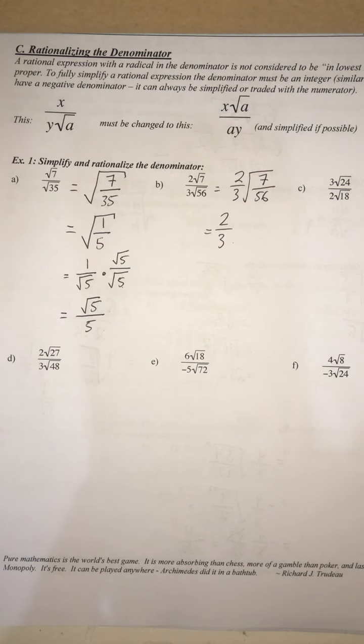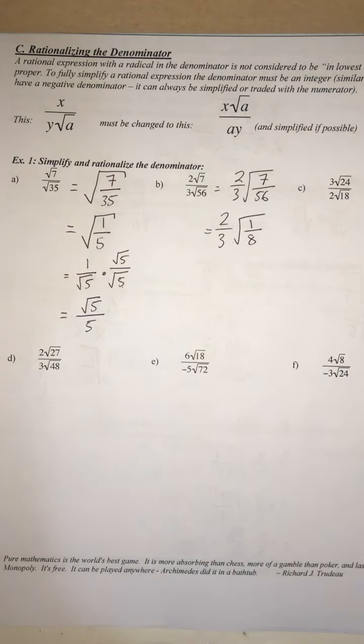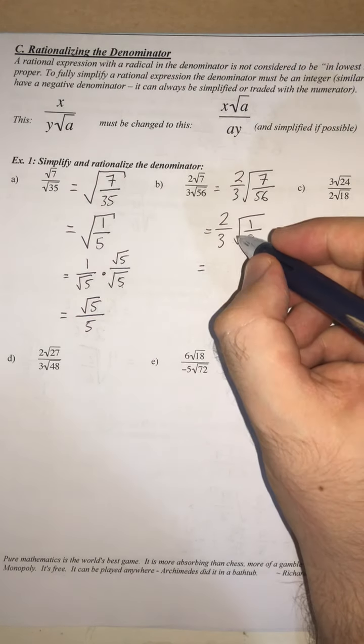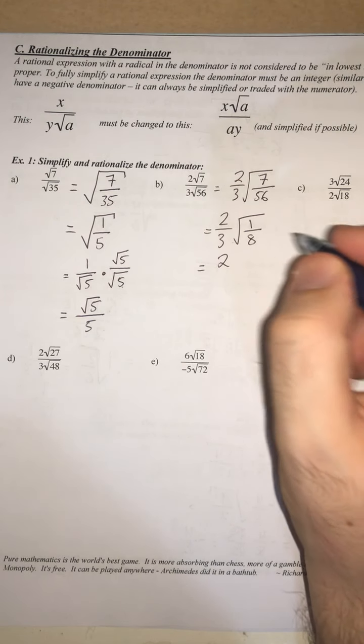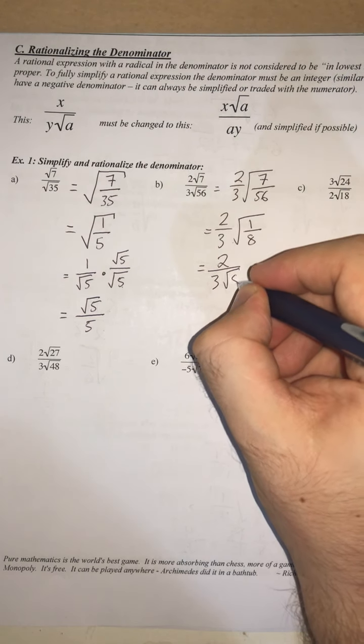Simplify this out, looking at 56 divided by 7, so we get the square root of 1 over 8. As such, when I multiply this out, the square root of 1 is just 1, so I get 2 times 1 over 3 times the denominator, which is root 8.